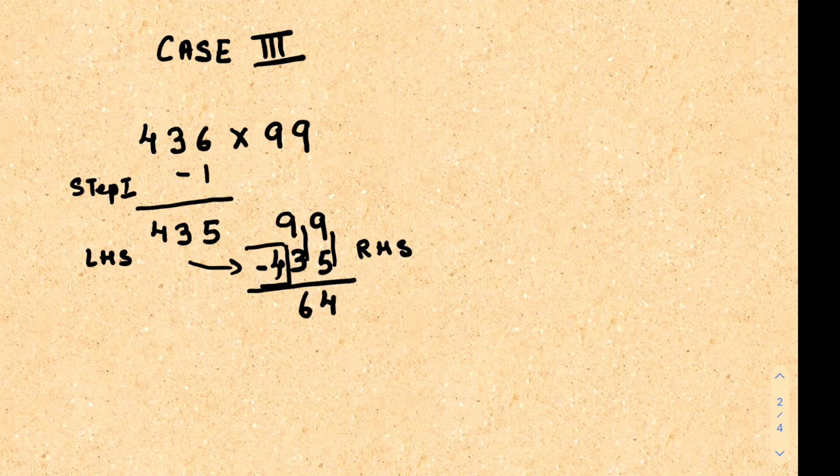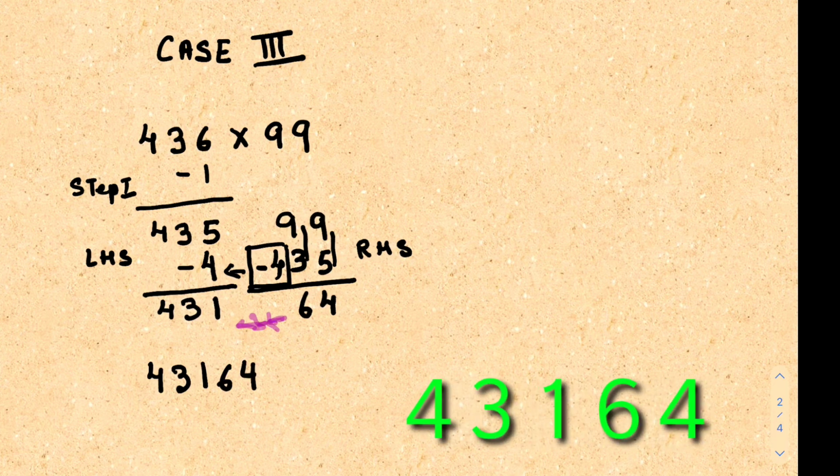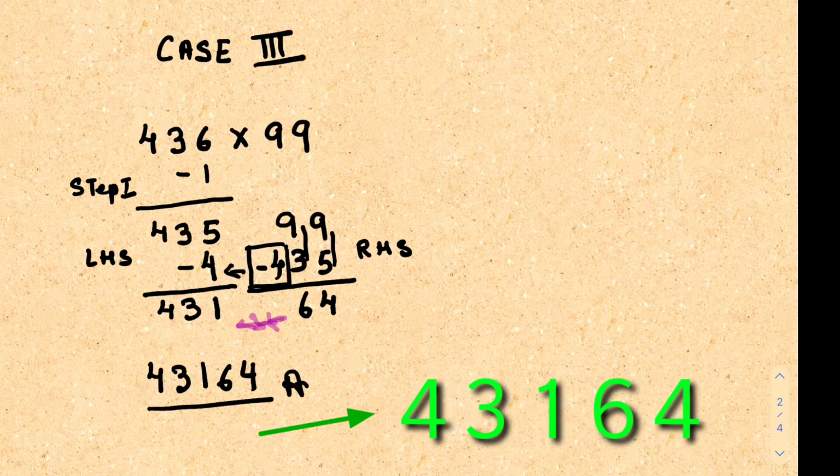But this minus 4, what do we do with this? This minus 4 will go to the left hand side, and this will be subtracted from the left hand side. What we get after doing that is 4, 3, 1. Now we have to just combine both the sides and we get our answer, which is 4, 3, 1, 6, 4. This is our answer.